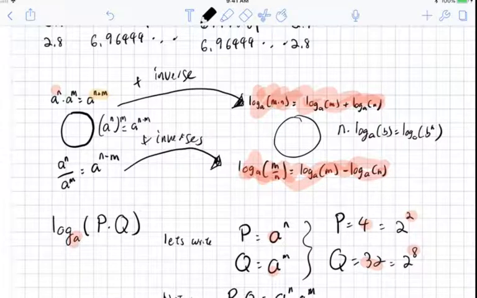Are these two related? Does this one come from this one? The short answer is yeah, but to prove that, we have to take a little detour to a very useful and important point.